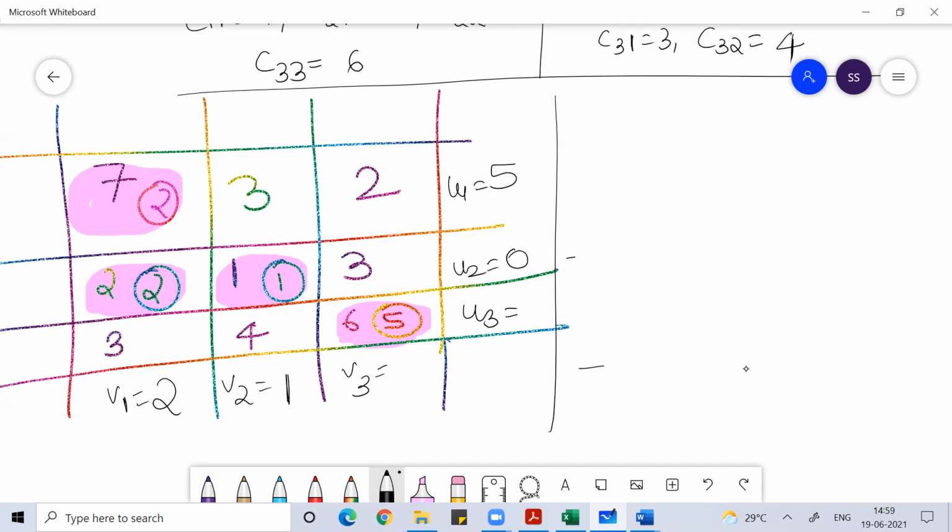Now, in order to make sure that we can do the allocation, let's assume a variable.